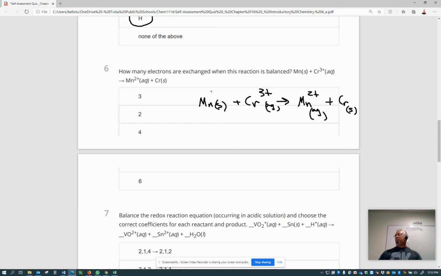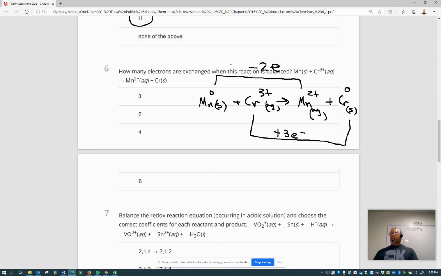So manganese is going from 0 to 2, so it's losing 2 electrons, and that is the oxidation of manganese. Chromium is going from 3 to 0 and is reducing, gaining 3 electrons.